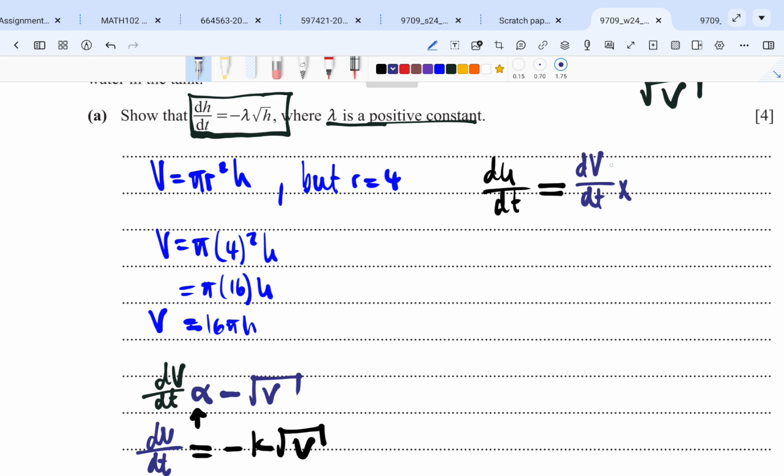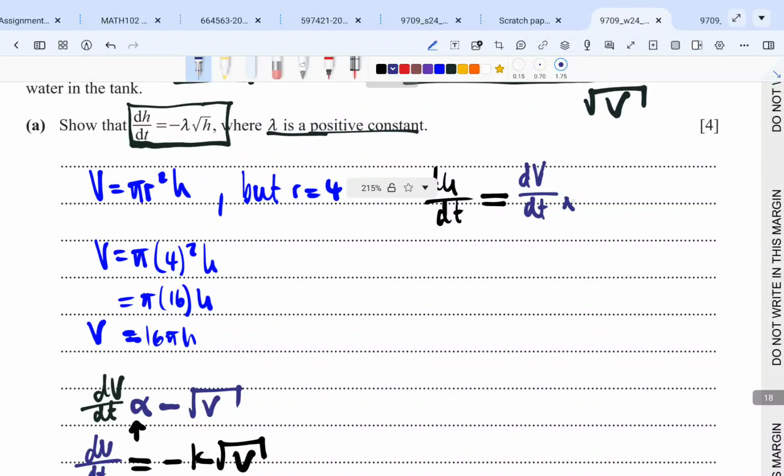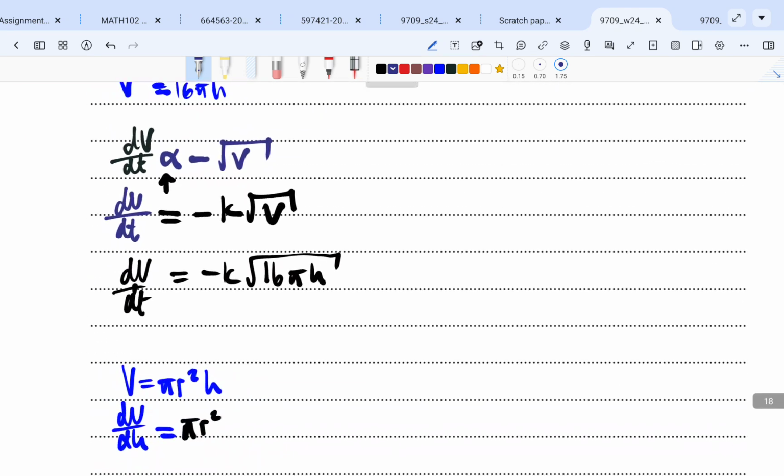Now I need dV in the denominator to cancel this other dV, and I need a dh at the top. But guess what I have? I have dV/dh. So for me to get dh/dt, I have to say dV/dt times dh/dV. Okay, but do I have dh/dV? No, I have dV/dh.